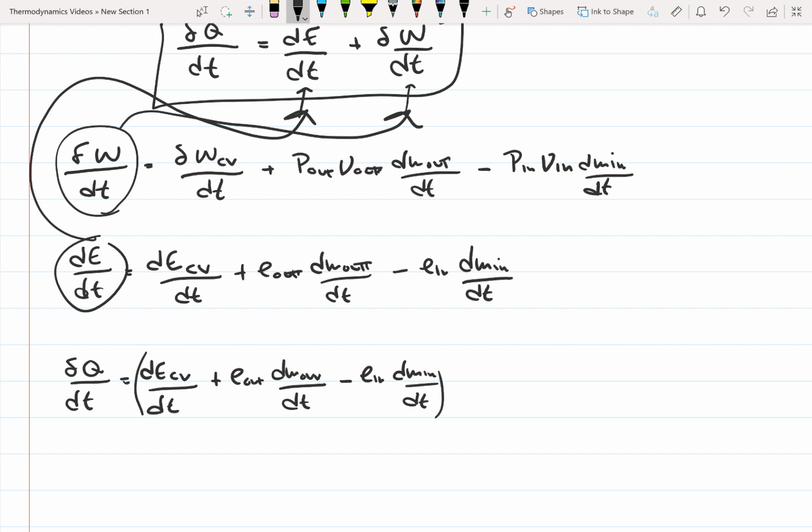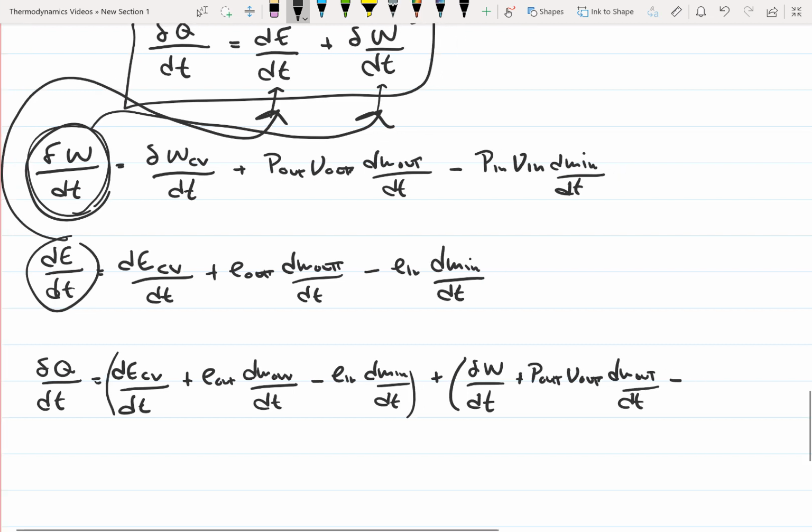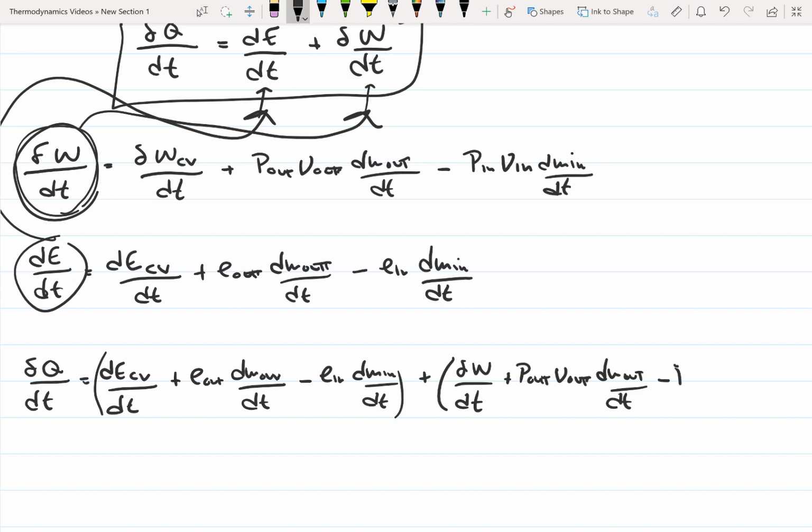And then this is plus, and then I have this equation for the work. So dW/dt plus P out v out dm out dt minus P in v in dm in dt.